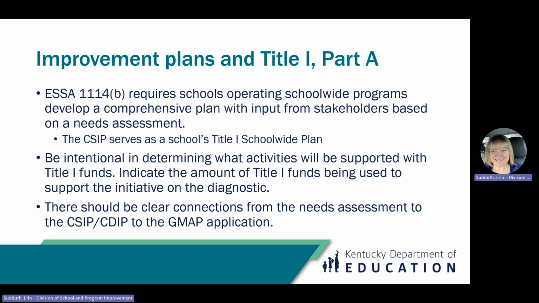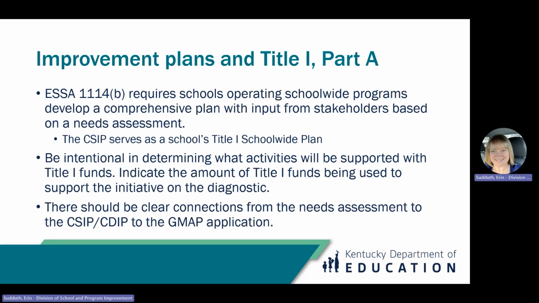A common piece of feedback that we'd receive was that you were essentially doing the same work twice. So now all of the requirements of the school-wide program plan are included in the CSIP, and a separate plan is not necessary. This does support the fact that the Title I Part A program needs to be adequately represented in the CSIP development process. As a reminder, most Kentucky schools receiving Title I funds are operating school-wide programs, meaning this requirement does apply.